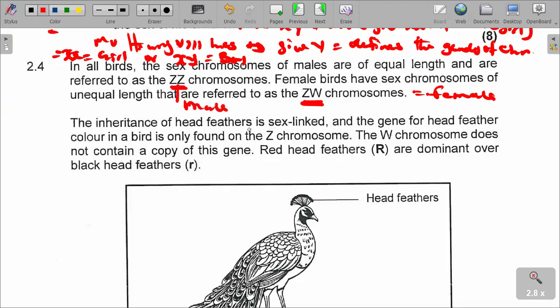The inheritance of head feathers is sex linked.